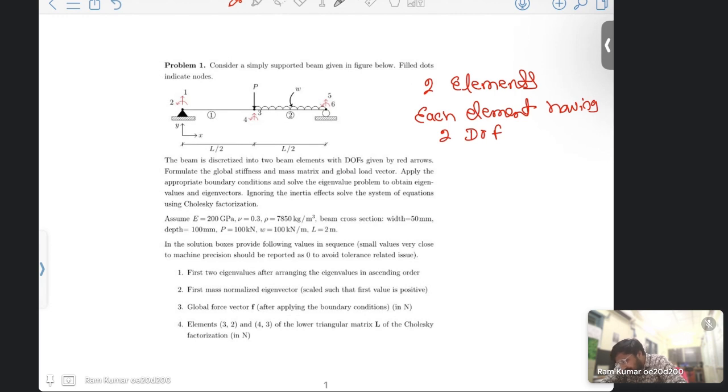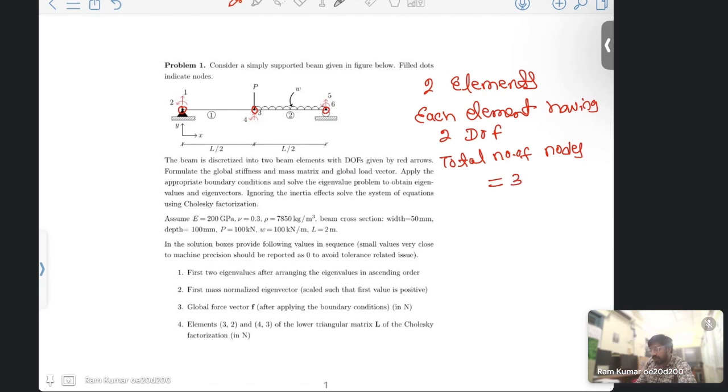So total number of nodes. How many? We are having 1, 2, 3, total 3 nodes.